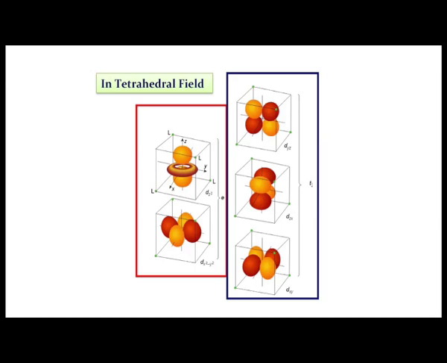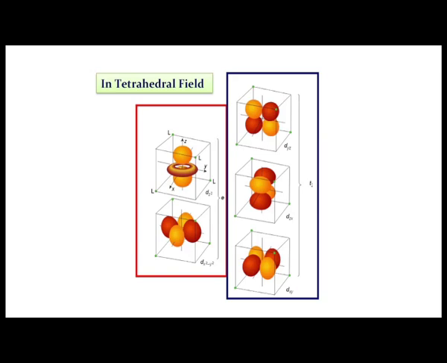Then we go to the other field, which is a typical tetrahedral field. As we have seen and jotted down all this information for the octahedral field, now we know how we draw a particular tetrahedral field within a cube.